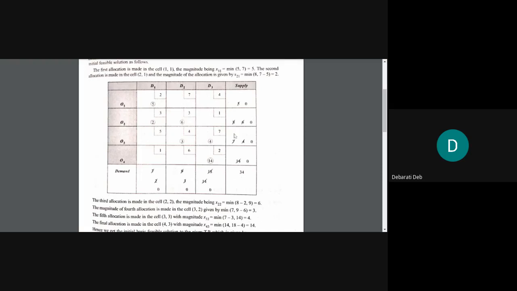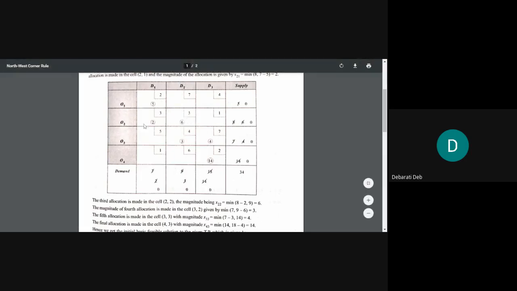If this is so, we move to the right side. Understood? If the column total had been more, we would have moved downward. Now this row total was more, so we are moving right side. Any doubt, please unmute and ask. Okay, so we are moving right side.